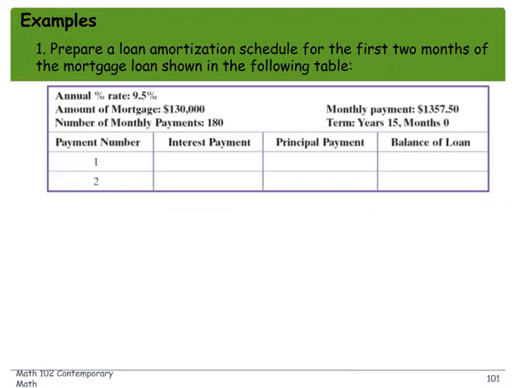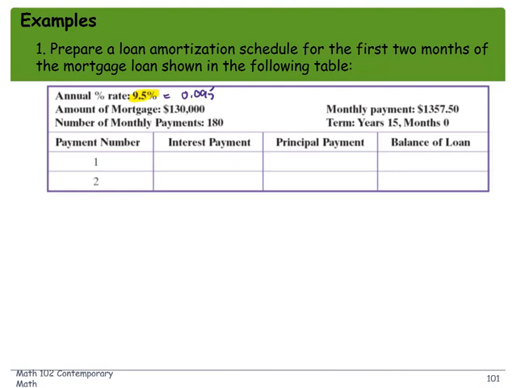Let's see an example. Example 1: prepare a loan amortization schedule for the first 2 months of the mortgage loan shown in the table. The problem provides the rate, which is 9.5%. We're going to make a list. R is 0.095.